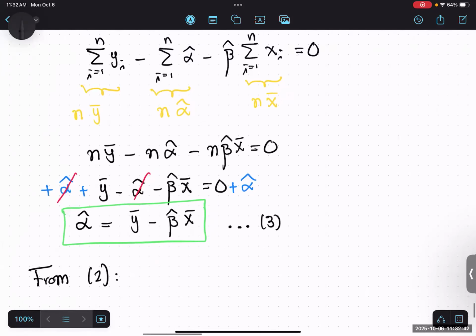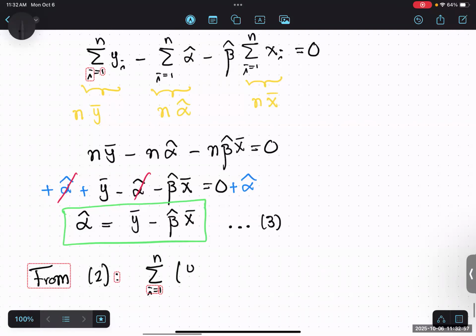So I will say this is the sum from 1 to n of what we had in parentheses before, which was yi minus alpha hat minus beta hat xi times xi equals to 0.